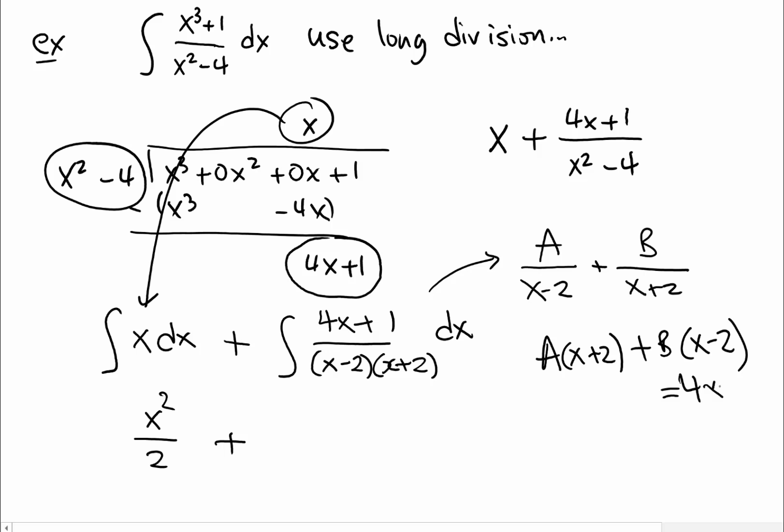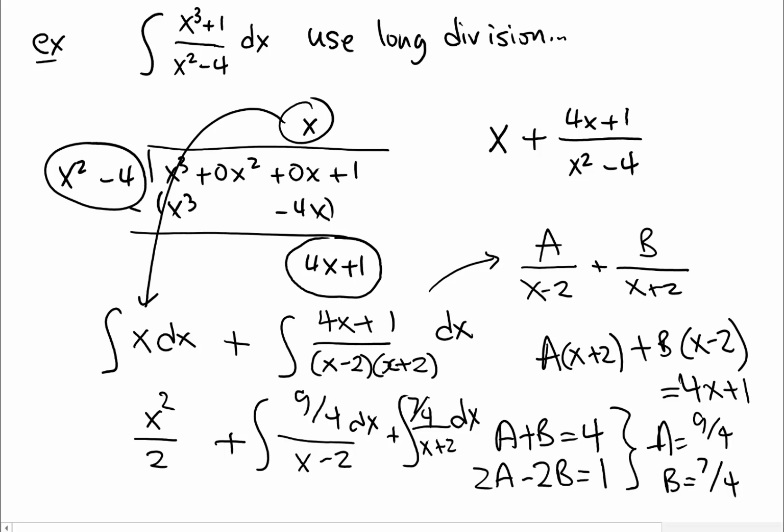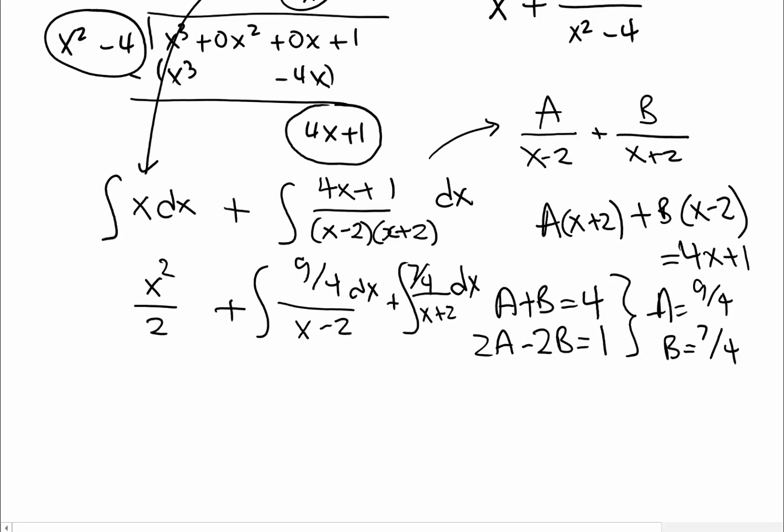And then we can create our system. So we can create a system from this and solve to get a as 9 over 4 and b as 7 over 4. Substitute those back in and make some final simplifications to this.